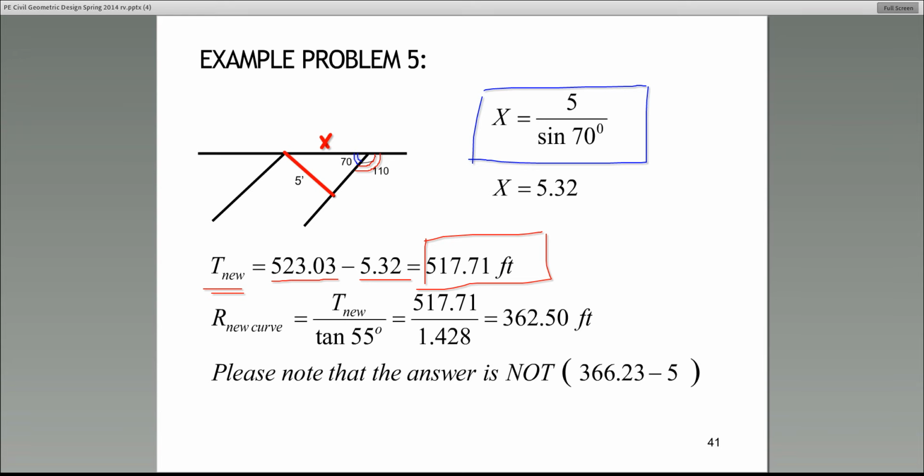So the tangent length is now 517.71. And remember, the problem says, what's the new radius? So the new radius will be T new over tangent 55. And guys, where do the 55 degrees come from? That's half of I. That's half of the 110. All right? So here's the answer. The new radius is 362.5.